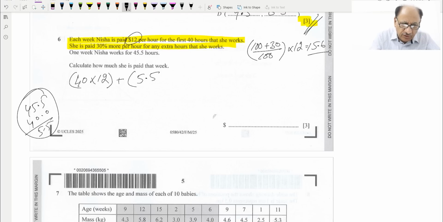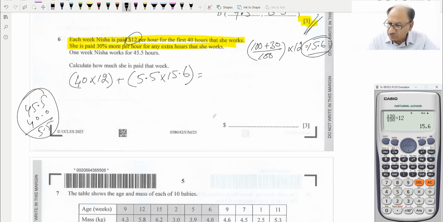So 5.5 multiplied by 15.6, which we got as the rate over here, and this will be equal to, we will just calculate, 40 multiplied by 12, bracket close, plus 5.5 multiplied by 15.6, and this will be equal to 565.8.